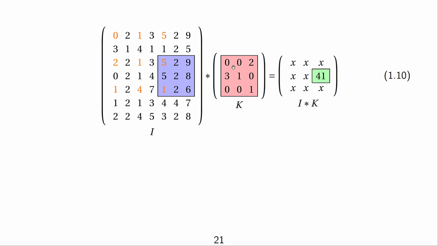So now we want to align the top left of the filter with values in the input image, and you see that there are only 3 by 3 such pixel locations where the filter can be positioned. Therefore, the output of this strided convolution is 3 by 3.